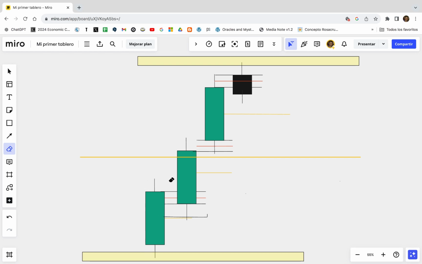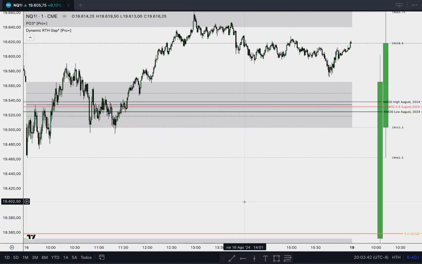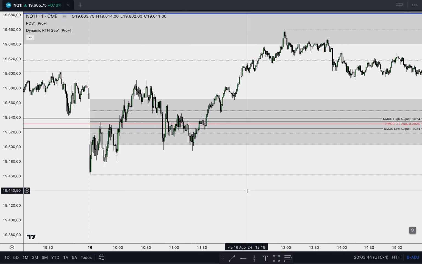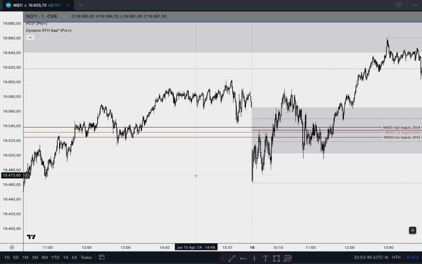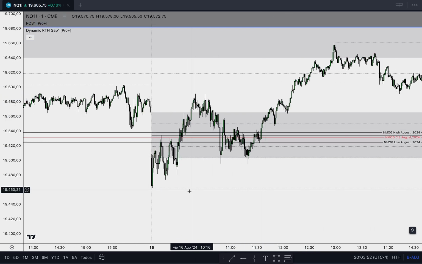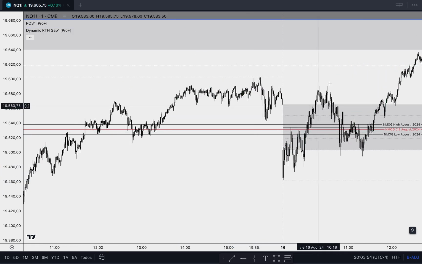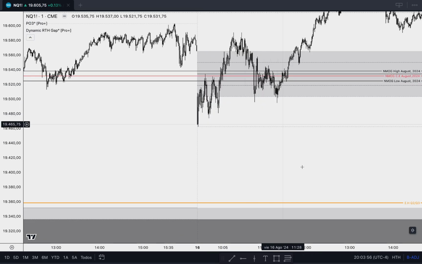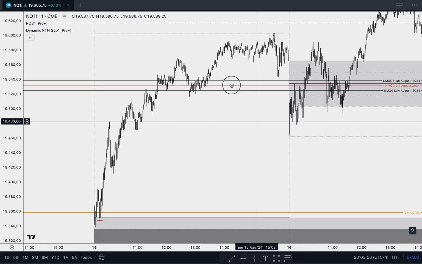Only if on this closing price we reach the event horizon or a high time frame new month opening gap or quarterly, then I should expect the opposite direction. But we didn't meet that condition here on Friday. Yes, we met this new month opening gap, but because we were trading on Friday, I'm not expecting this kind of reversal on this range.